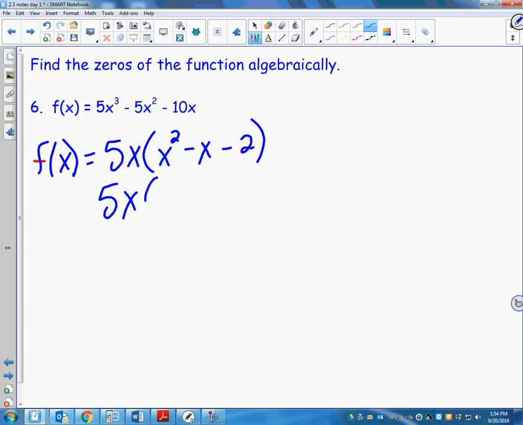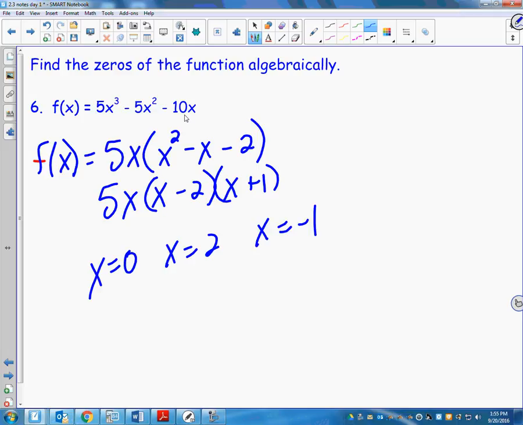And then I can factor again: multiplying to negative 2, subtracting to negative 1, so negative 2, positive 1. So this one is just making you factor it out. Then you could set each factor equal to 0, and you get x equals 0, x equals 2, x equals negative 1. Questions?